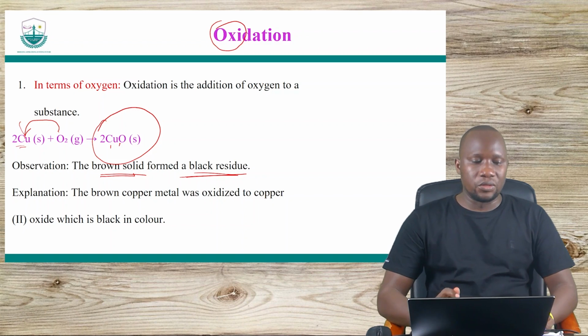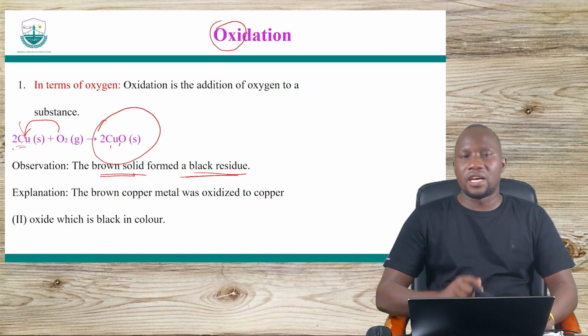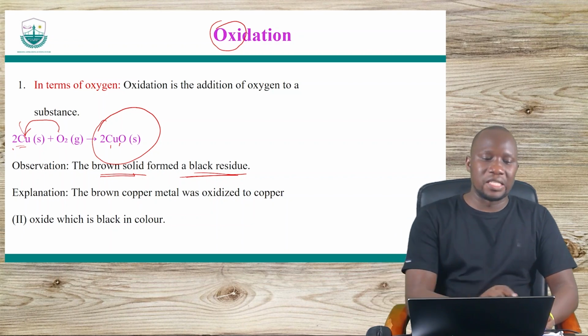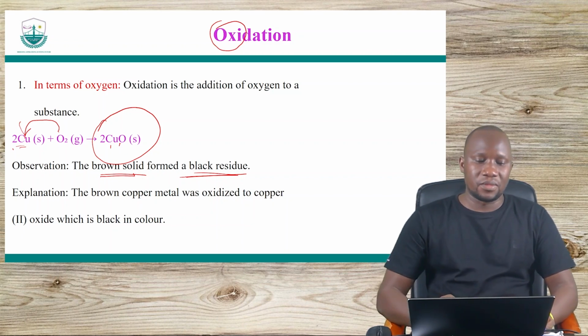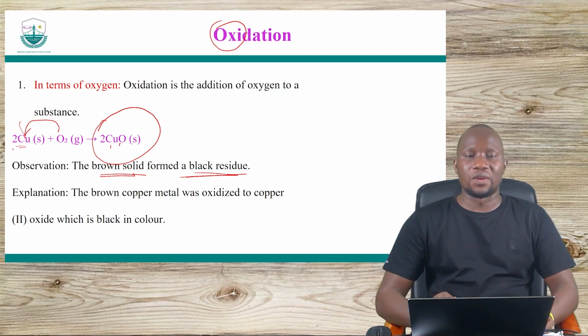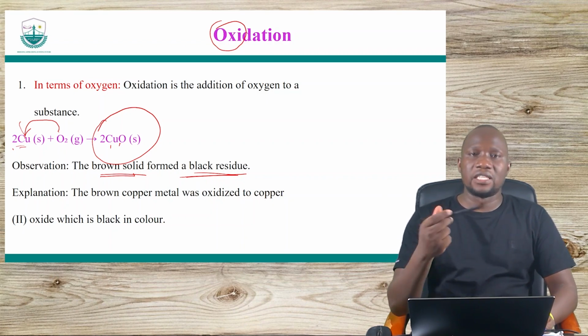Here you had a brown solid turning into a black solid. And that black solid is the copper oxide. The copper oxide contains copper and oxygen. So it means this reaction here is an oxidation reaction because the substance copper has gained oxygen.